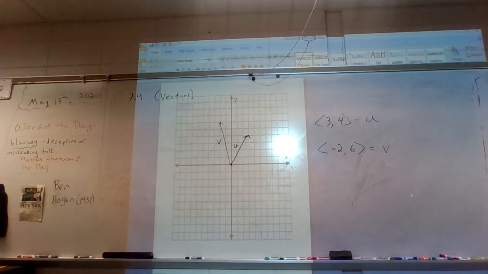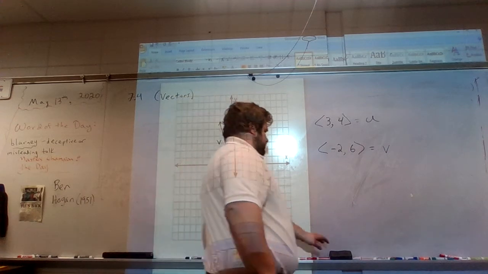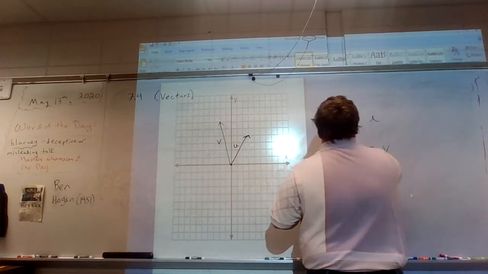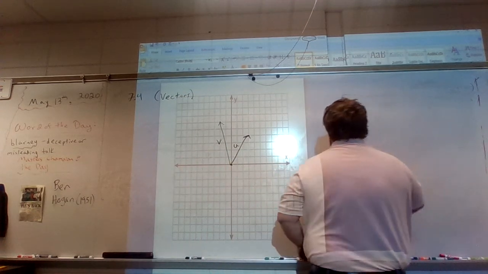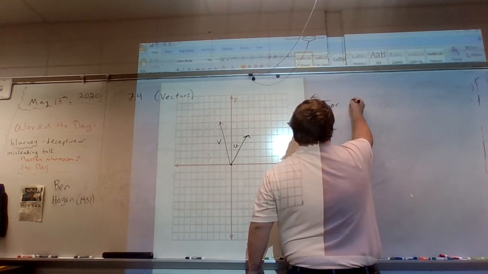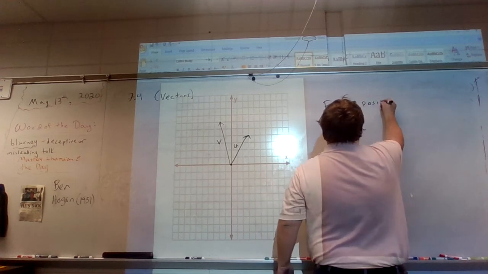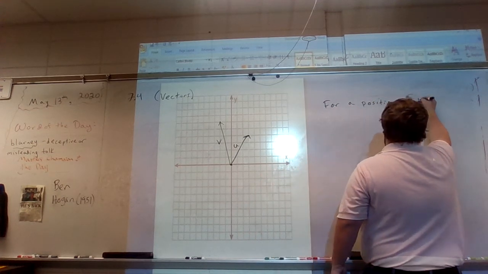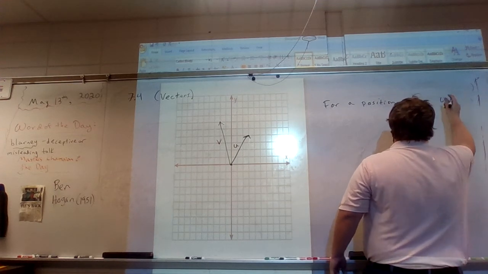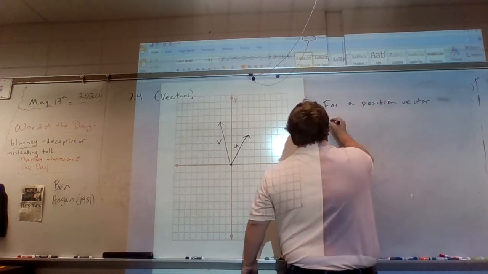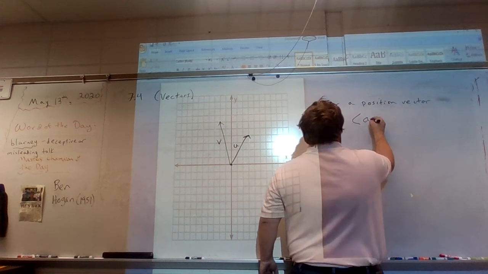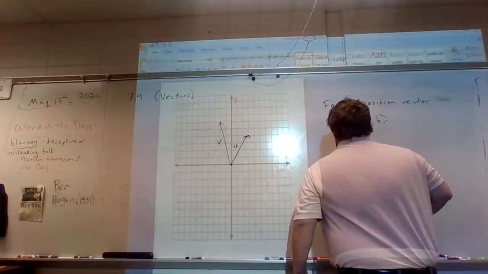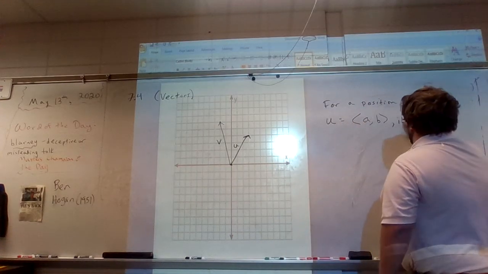Right? So what I want to do is introduce something called the magnitude of the vector. So for a position vector U, let's say equal to, say, AB, its magnitude.